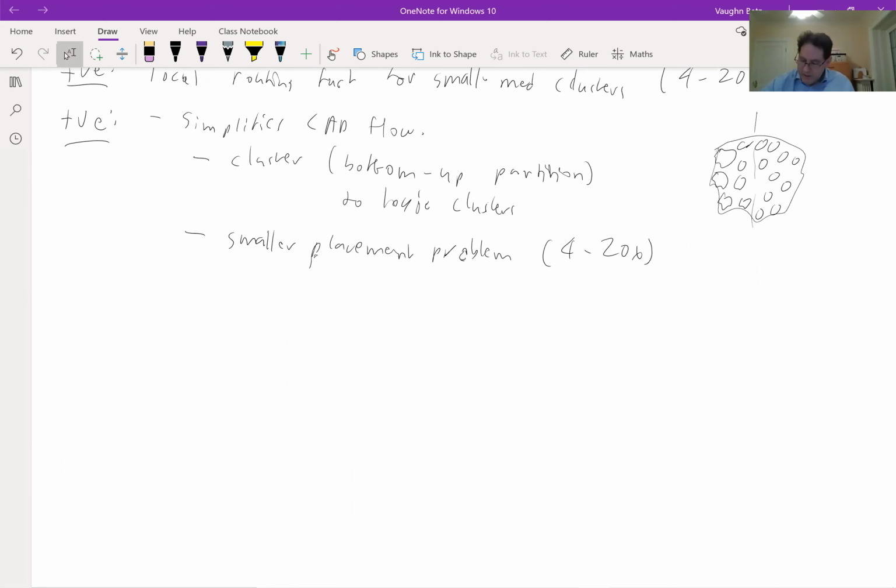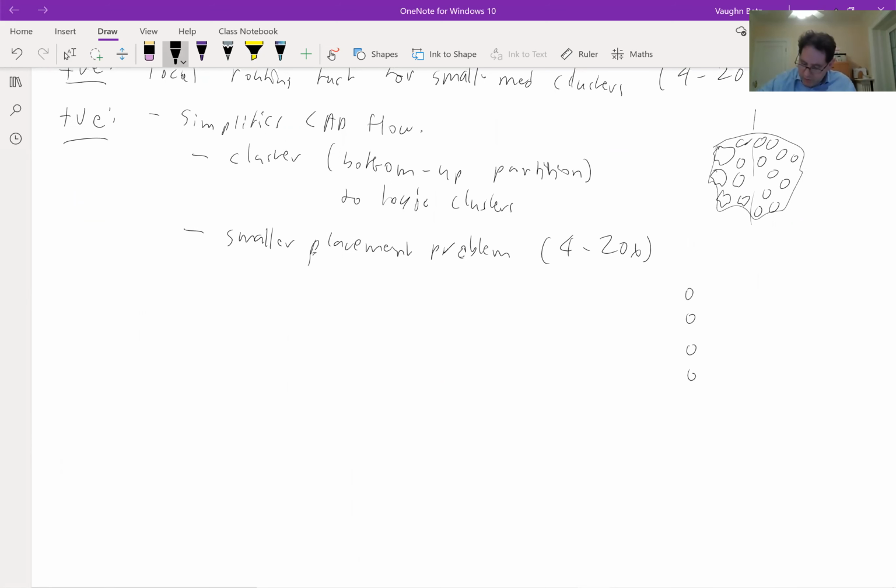Could I just have an island style FPGA with really small logic blocks, each one a basic logic element with island style routing in between them, and so on? And I'm not drawing most of this, but let's say this is a really big chip with lots of wiring. Could I use clustering even though I don't actually have these logic clusters? What do you think? This is one of those yes or no answers. So if you've just been waiting for a chance to guess, you've got a 50-50 shot on this one.